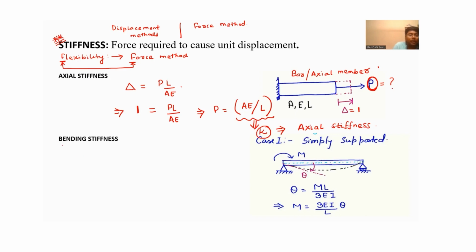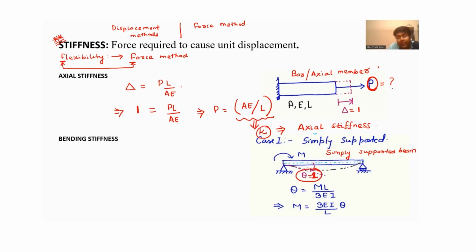Now, come to bending stiffness. Now, this is a simply supported beam. In this case, what is our objective? Our objective is to find the bending stiffness. To find the bending stiffness, you have to make the corresponding displacement, which is theta in this case, to be unity.